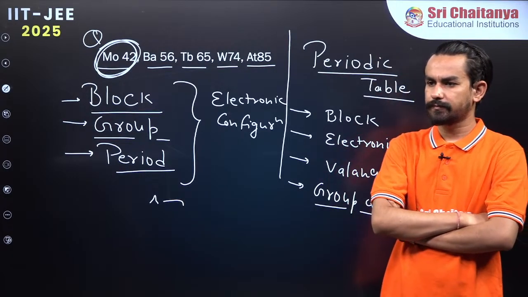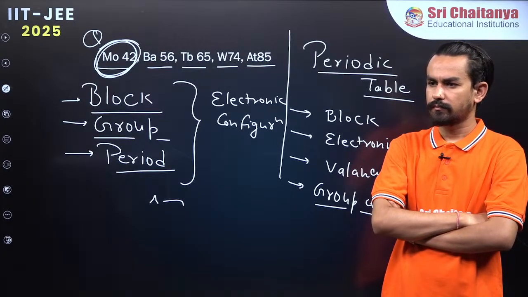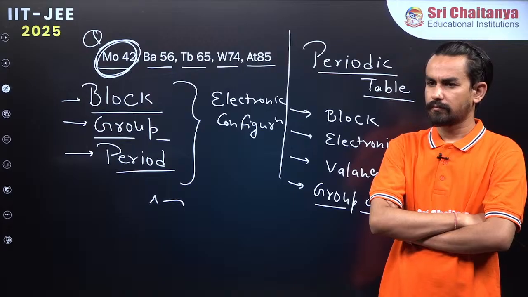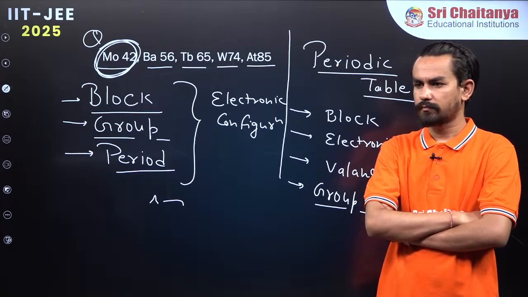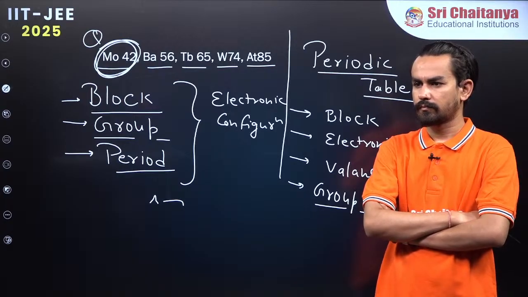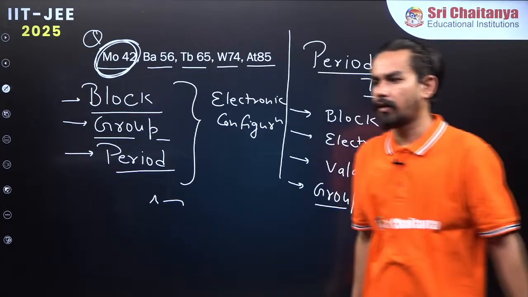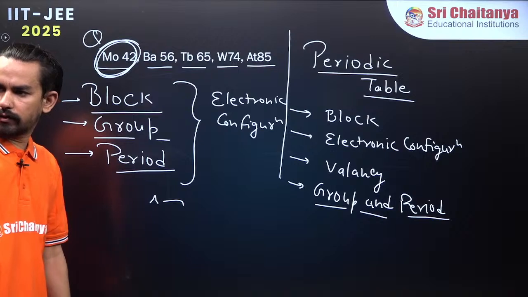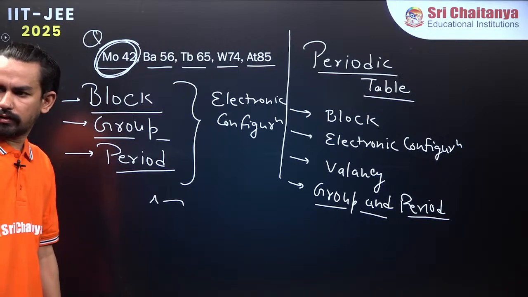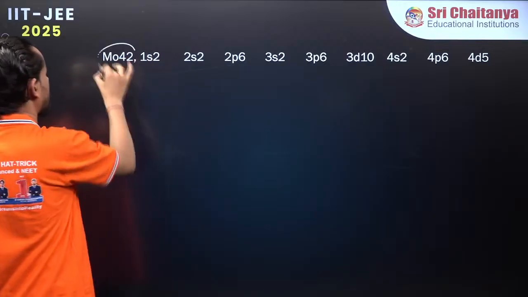Very good. Fifth period. Krypton 4d5 5s1. Okay, let's see. Molybdenum 42.